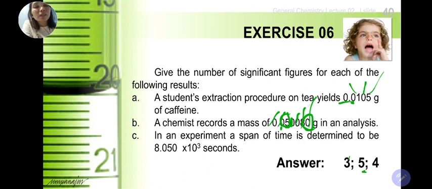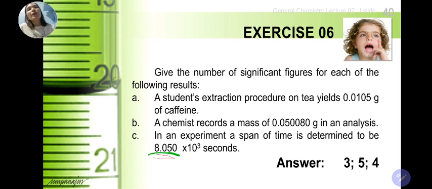Bakit? Because this is a given answer already. That's why it has been converted to the correct number of significant figures. Okay, that's why we have to include the trailing zero in our computation. Okay, next, we have this one. 8.050 times 10 to the third power.